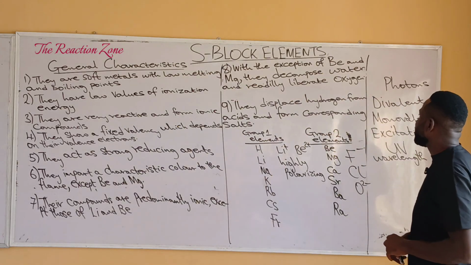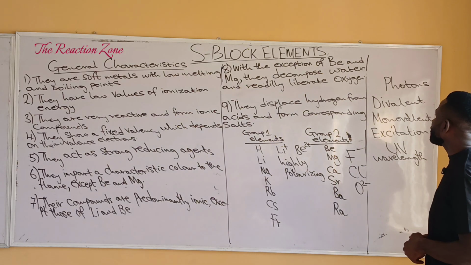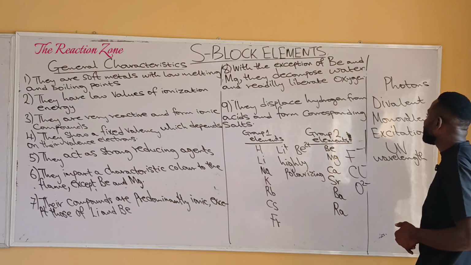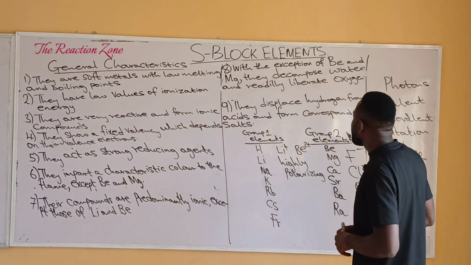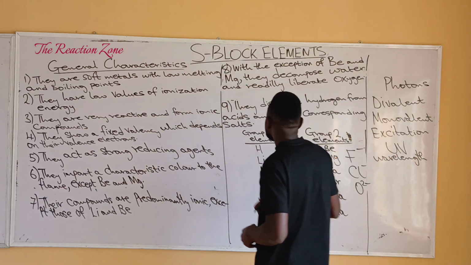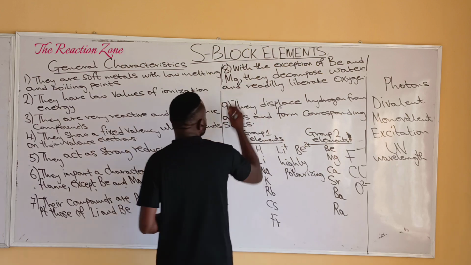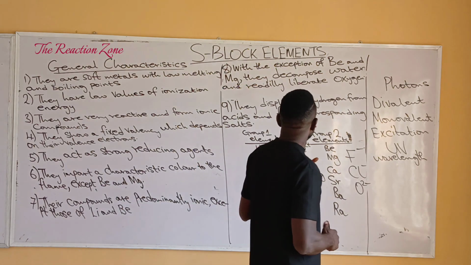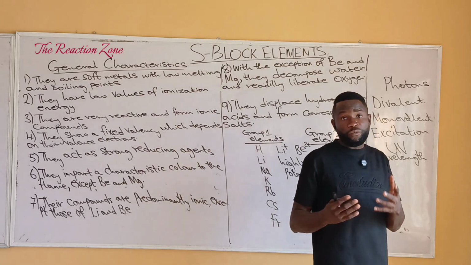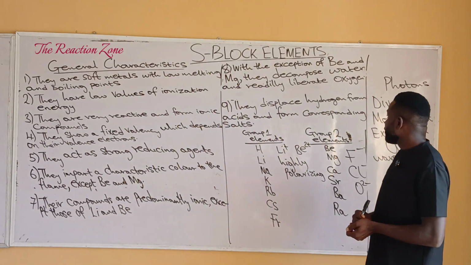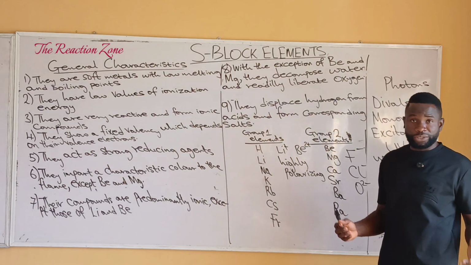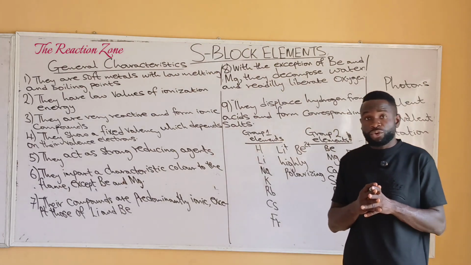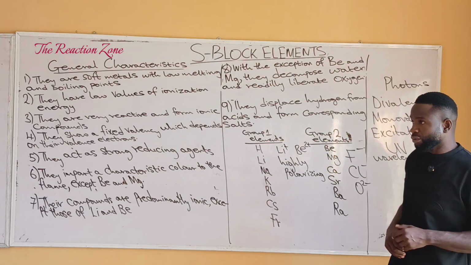The next point is that, with the exception of beryllium and magnesium, they decompose water and readily liberate hydrogen. Beryllium and magnesium do not decompose water and also do not readily liberate hydrogen. And the reasons why they don't are as follows.